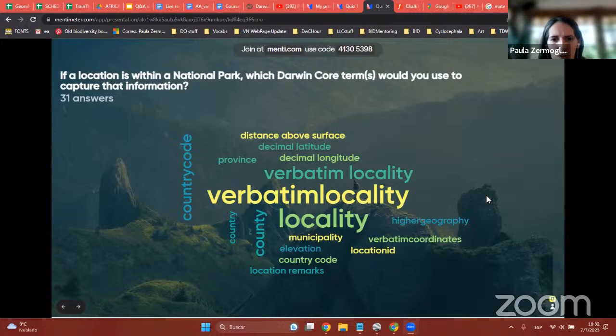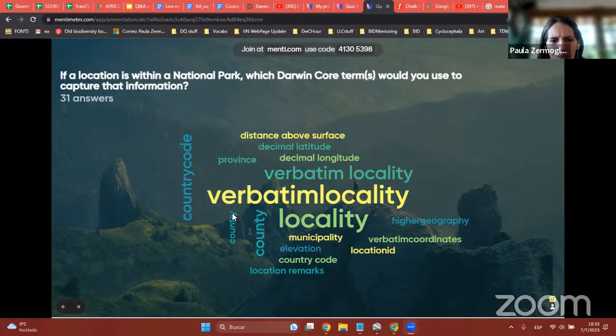And I see on the screen some different kinds of terms here. I see locality and verbatim locality. I see terms related to coordinates. We have decimal latitude, decimal longitude, and verbatim coordinates down here.